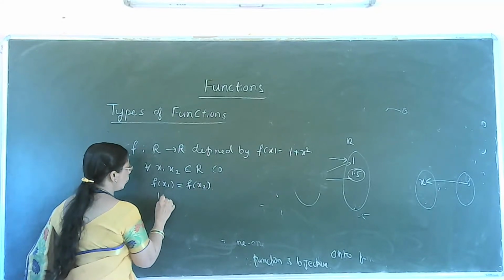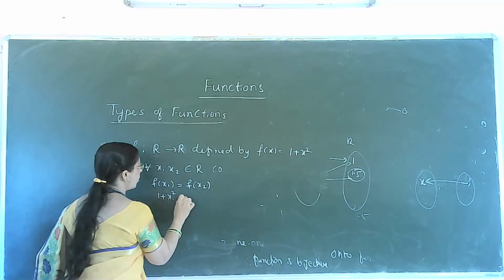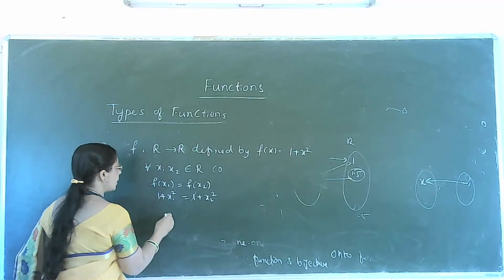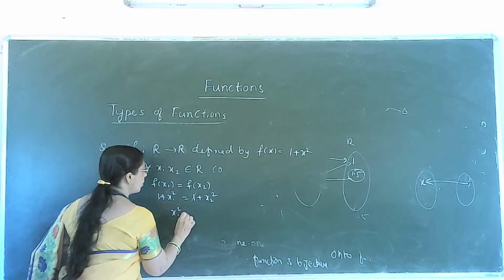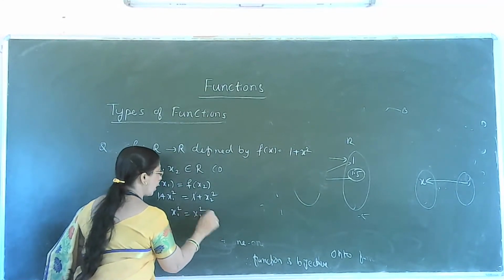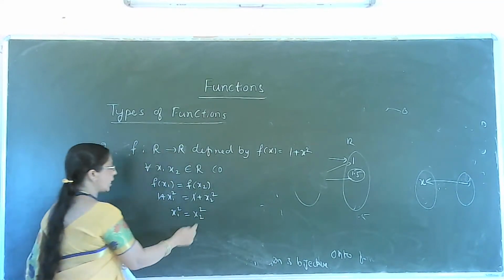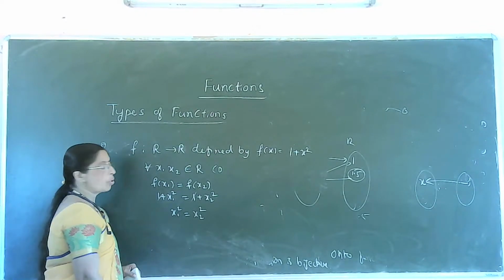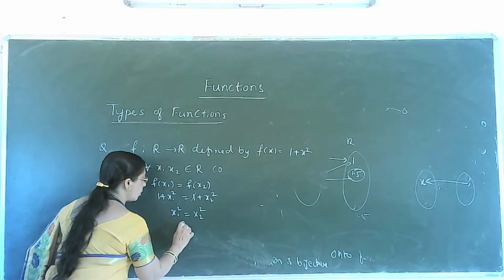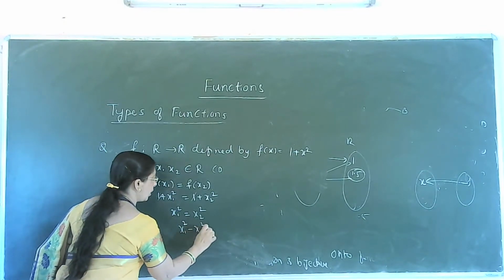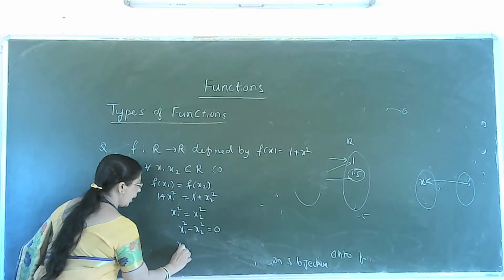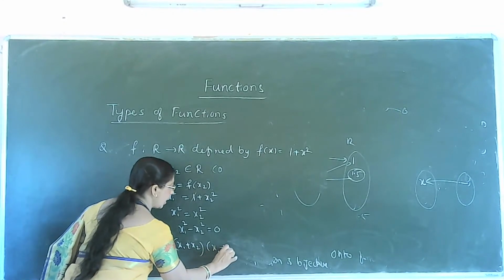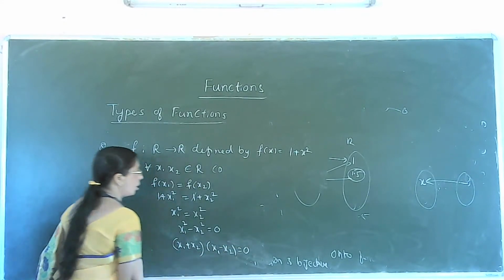then f of x1 is equal to 1 plus x1 square is equal to 1 plus x2 square. 1 cancels. x1 square is equal to x2 square. Sometimes you write it as x1 square is equal to x2 square, so x1 is equal to x2. It's not right. Here x1 square minus x2 square is equal to 0, so x1 plus x2 times x1 minus x2 is equal to 0.